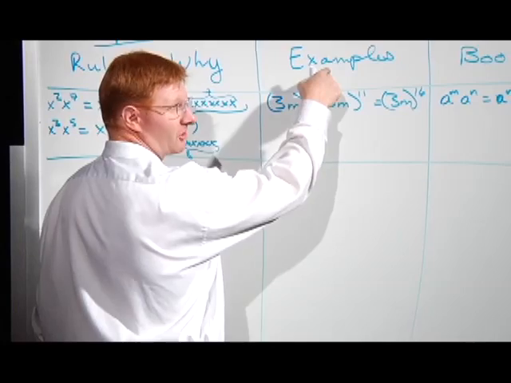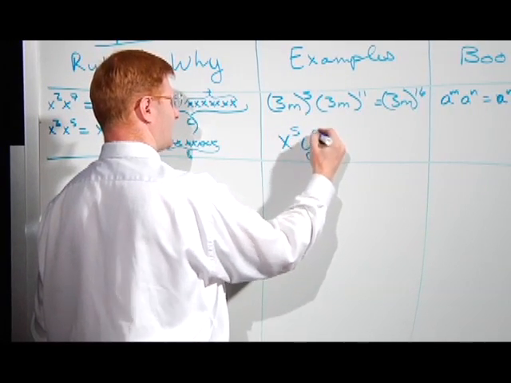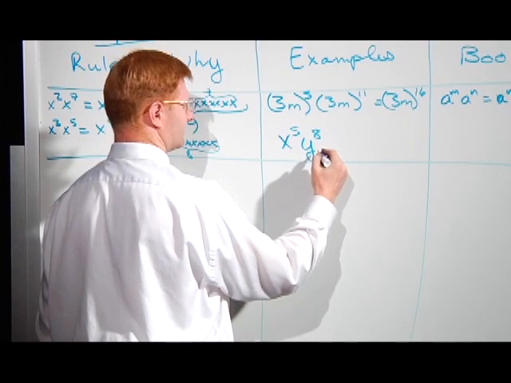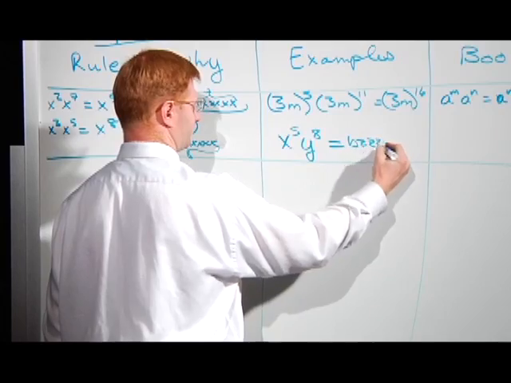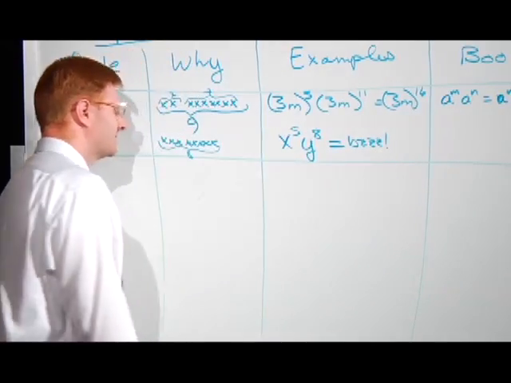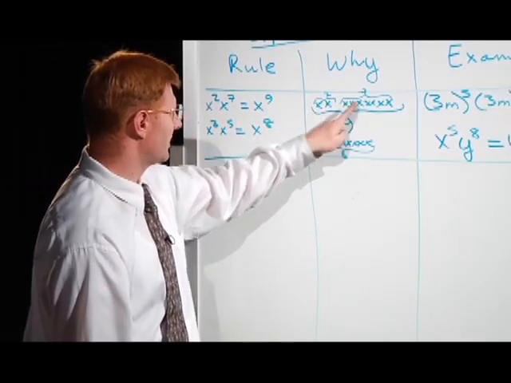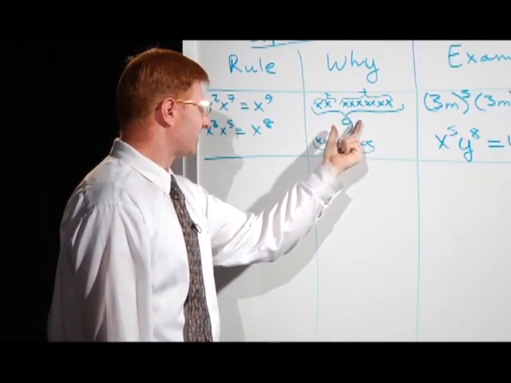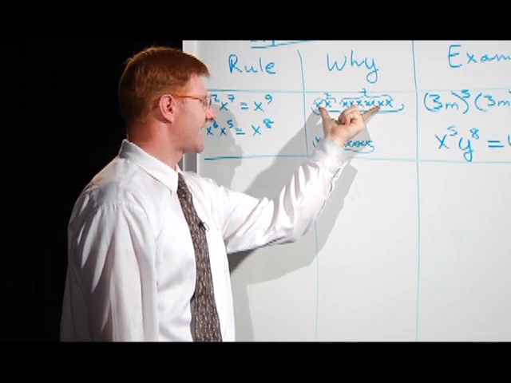Good thing to put in this column are non-examples, such as x to the 5th times y to the 8th. You can't combine them anymore. They're done. This only works if they're the exact same, because this 2 and the 7, they give you the entire thing. Only if these are all the exact same.